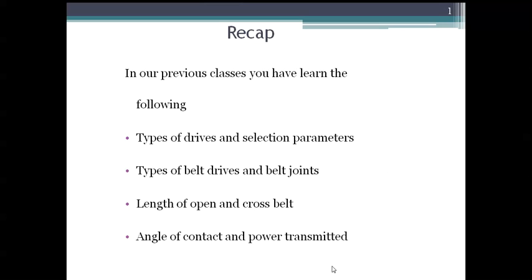Power transmitted by belt drive is P equal to T1 into (1 minus 1 by e power mu theta) into V. T1 is the tension on the tight side, mu is the coefficient of friction, theta is the angle of contact, and v is the velocity of the belt in meter per second, where power is in watts.